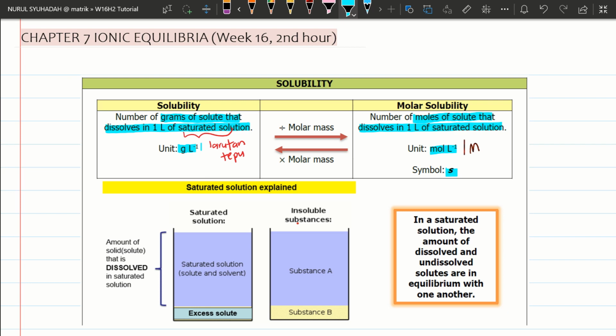Everything inside is a concentration, which is the molar solubility.